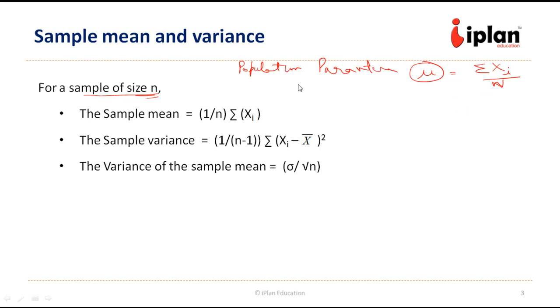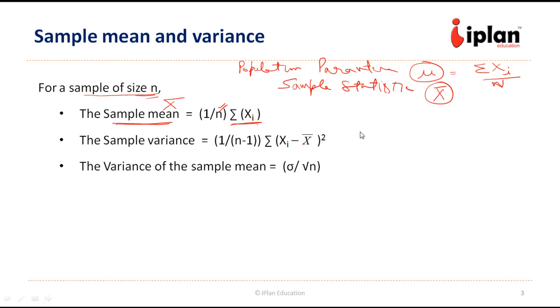But when we talk about the sample, we call it sample statistic. For example, the mean will be represented by x bar. That is the sample mean x bar, and it will be given by sigma of xi, the summation of all the values in the sample divided by number of elements in that sample.